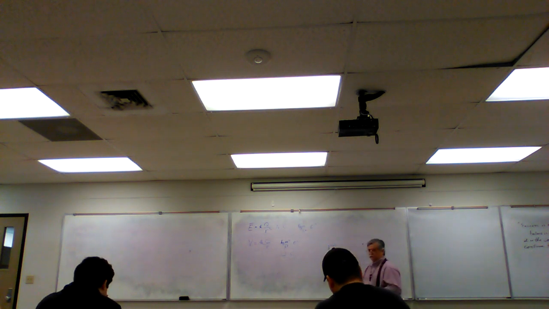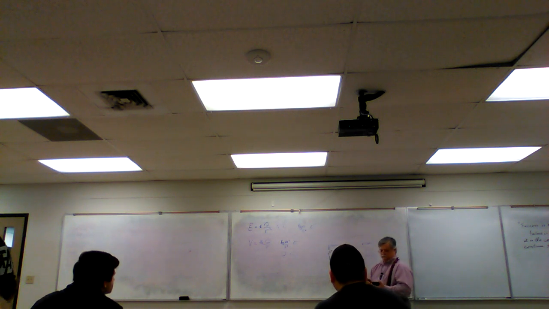What's the potential here? K, everybody remembers, 8.988 times 10 to the 9 times Q, 20 micros, so it's 20 times 10 to the minus 6 coulombs, divided by 0.5 meters.